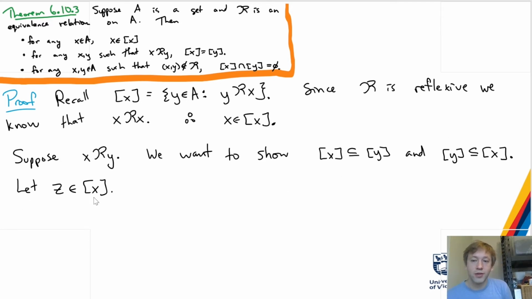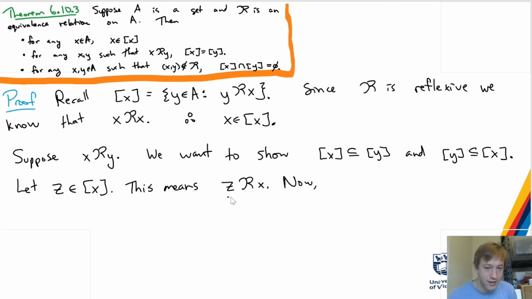Since z is in the equivalence class of x, this means, apologies for the dogs barking in the background, that z is related to x. Now we know that z is related to x and x is related to y, and if we use transitivity, we can get that z is related to y.